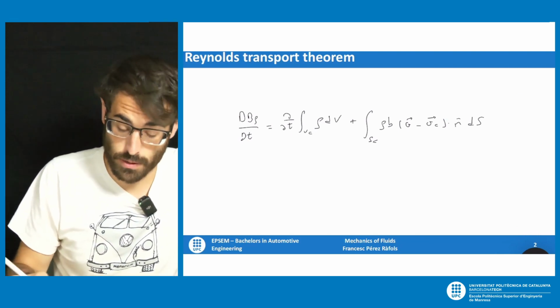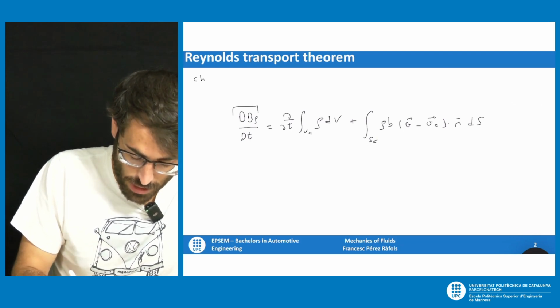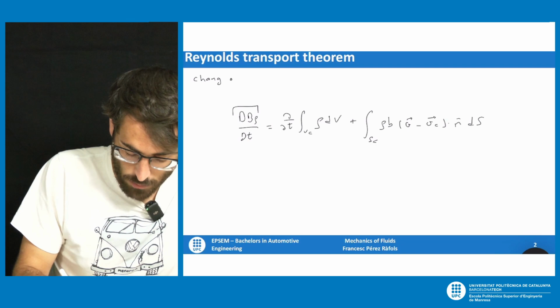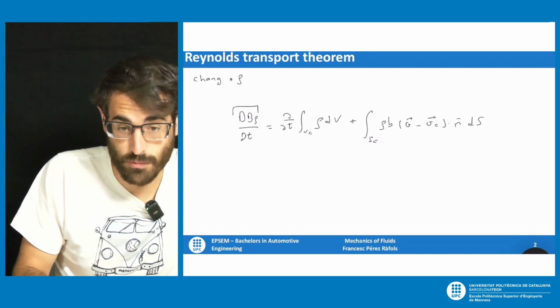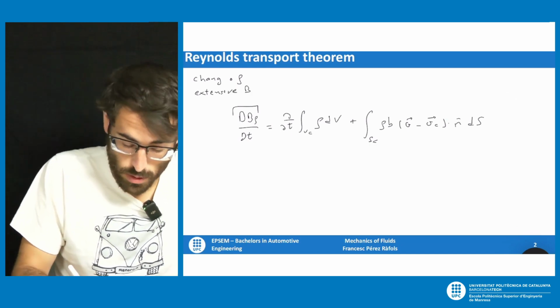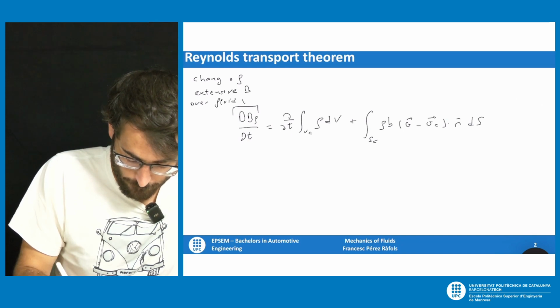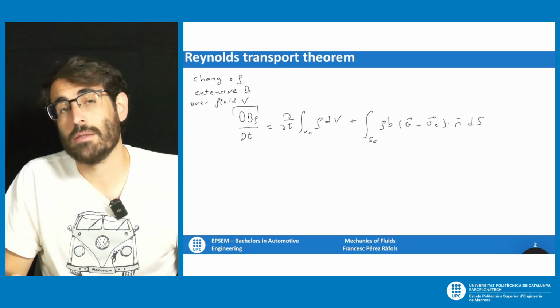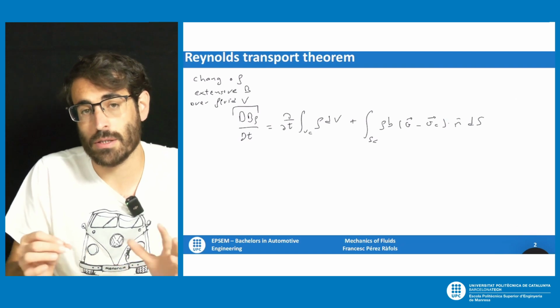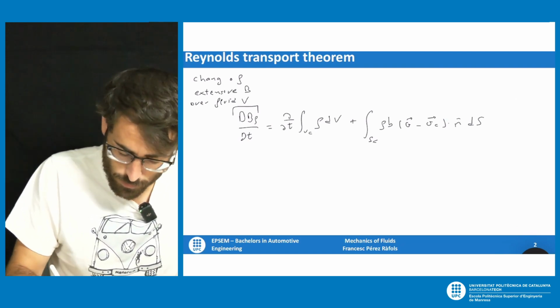So what does it mean? If we look at the first term, that's a change of an extensive property that we are calling B now over a fluid volume. So remember that meant that we're taking a certain amount of fluid and following it over time.